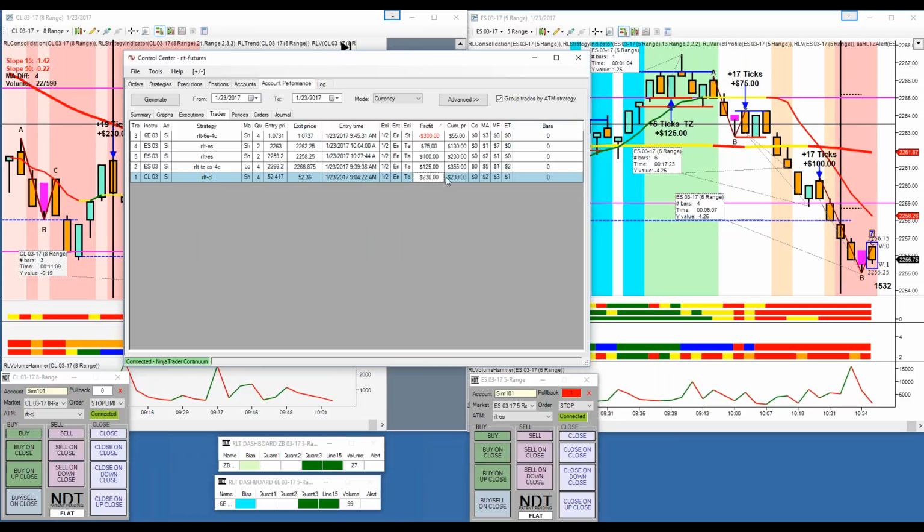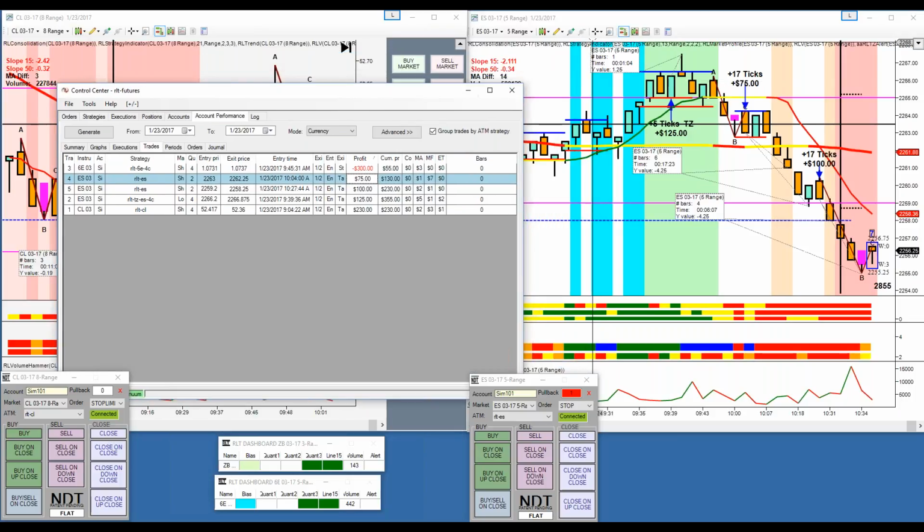We had a $75 win right here. And we had a $100 win right here. So 230, that's 330. So it's 405 for the room. 3 trades, 3 winners.